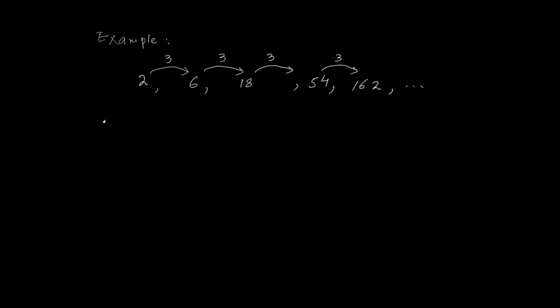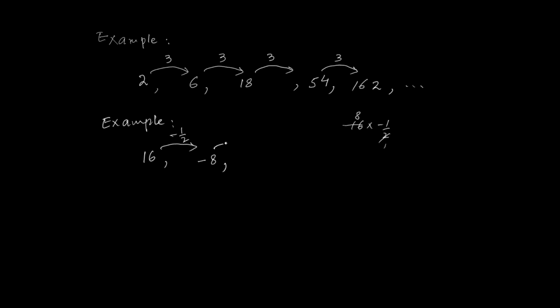Let's suppose I take another example. If I take 16 and multiply each time with a constant number, suppose minus 1 by 2, what will be the next term? This will be minus 8, because 16 multiplied with minus 1 by 2 is minus 8.